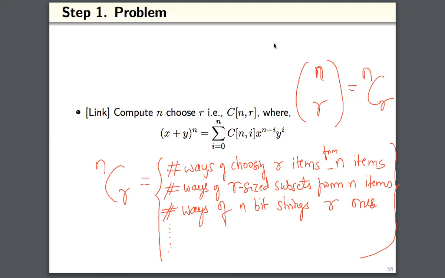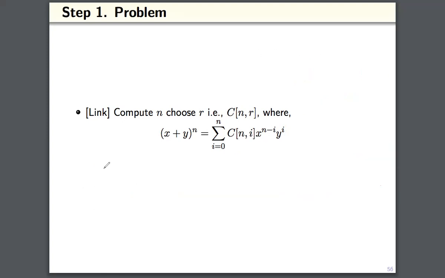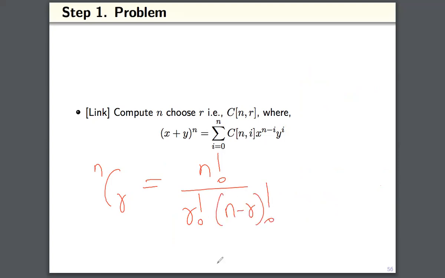And there is a formula also. What is that formula? N choose R is equal to n factorial divided by R factorial times n minus R factorial. Remember this formula.